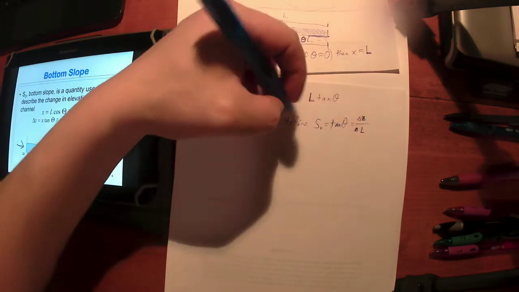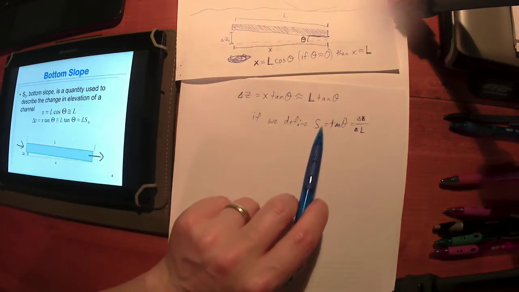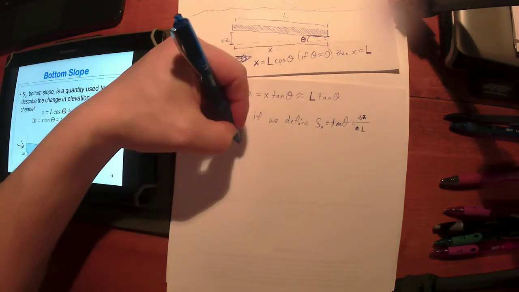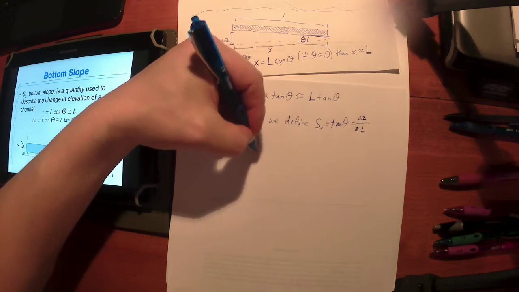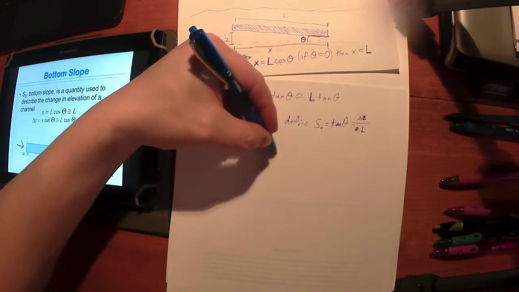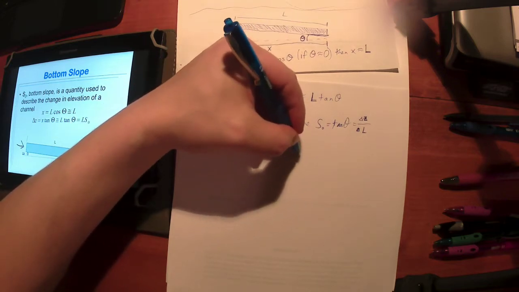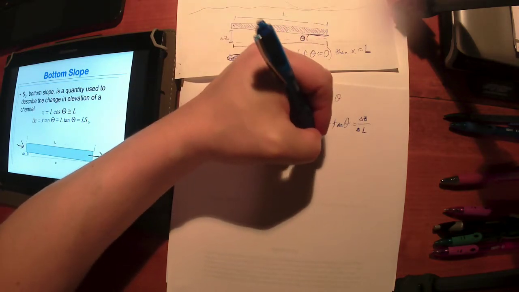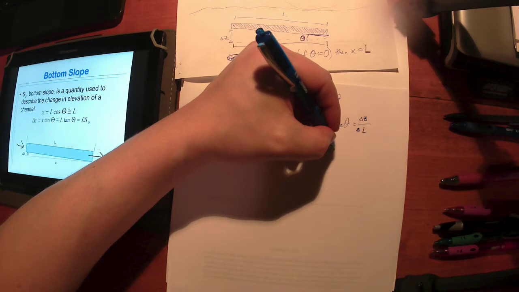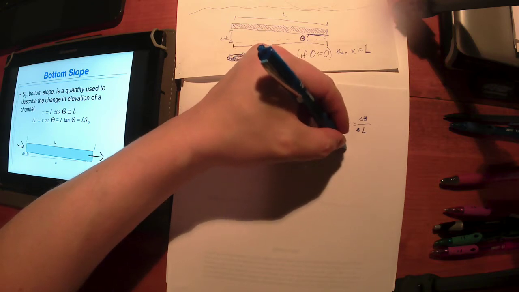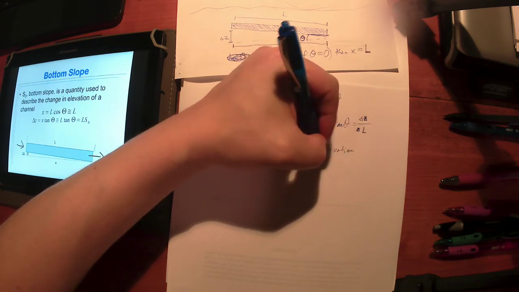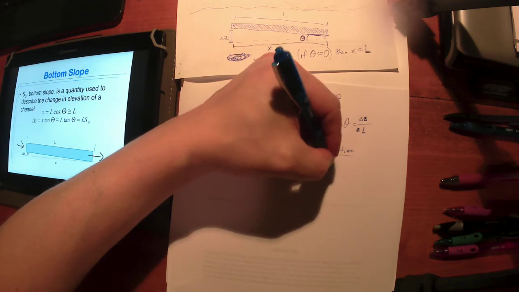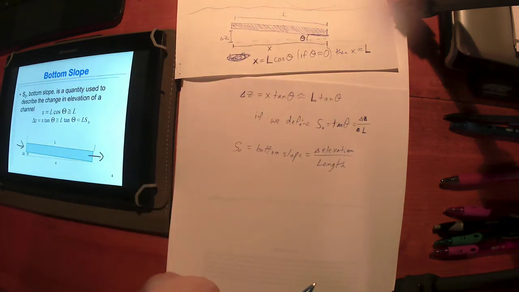Okay, we're saying the bottom slope, which we call S naught, is equal to the change in elevation per unit length of the stream bed.